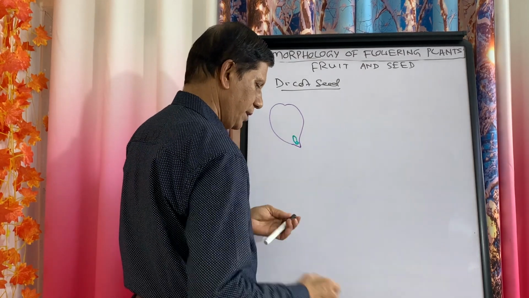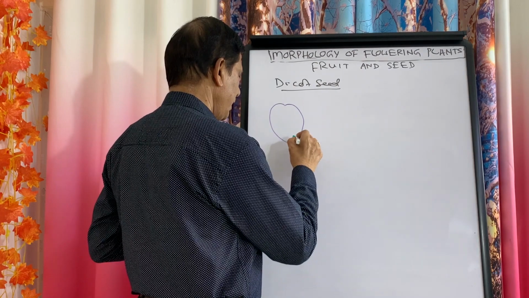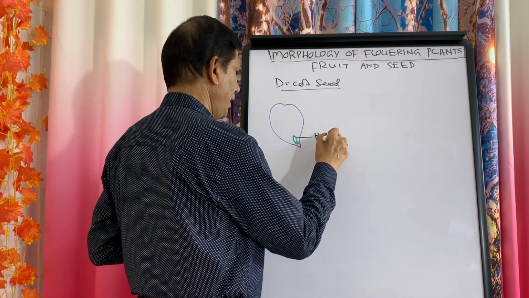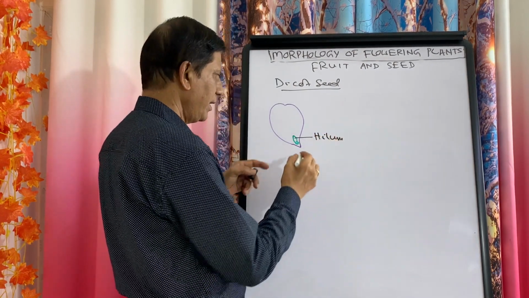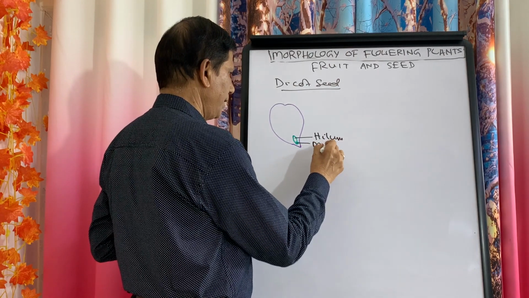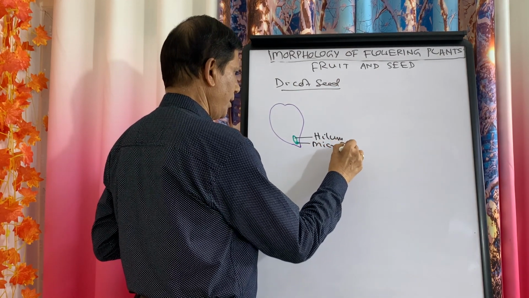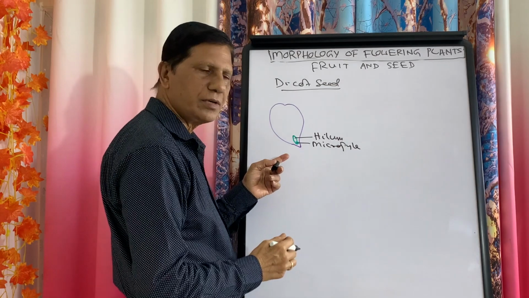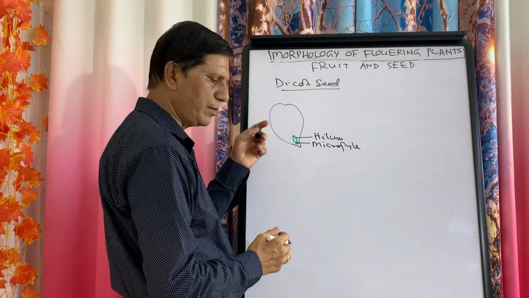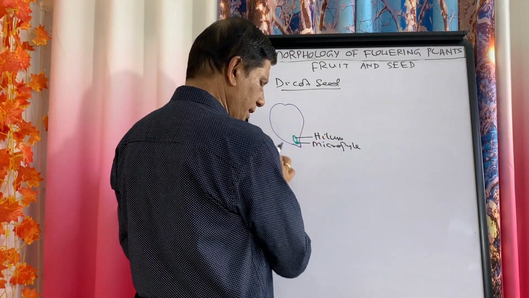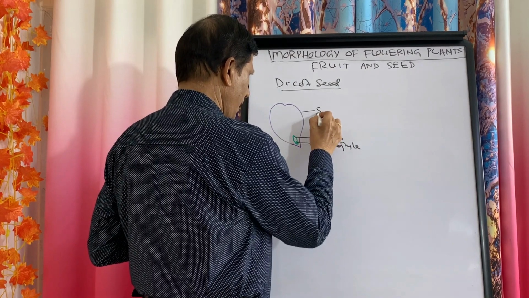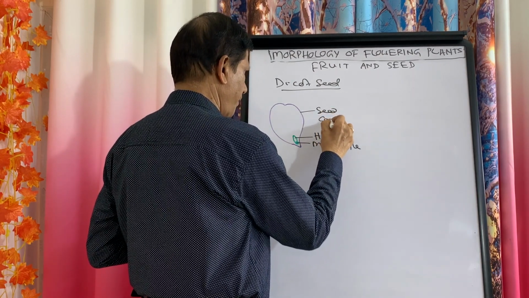This scar mark is known as hilum, and the opening is known as micropyle, through which it absorbs water during germination. And this is known as seed coat.